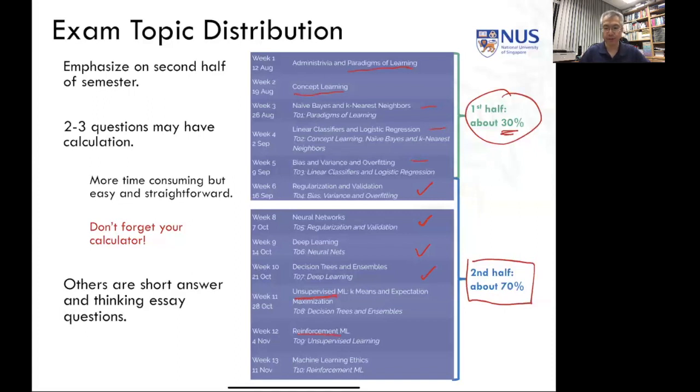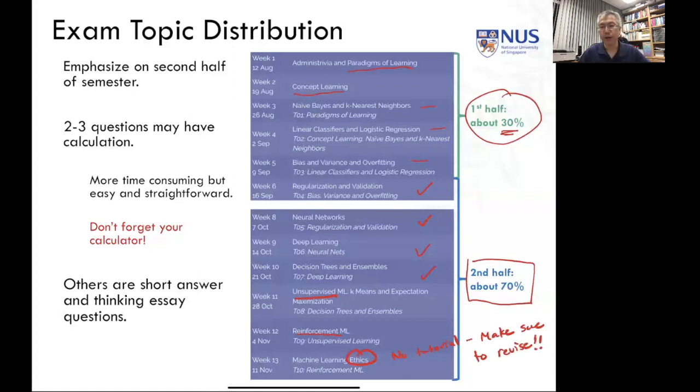And finally, machine learning ethics. Ethics is the one topic we never had a chance to do a tutorial on. So even though there's no tutorial on it, you can bet that it will show up on the exam. Make sure to revise.